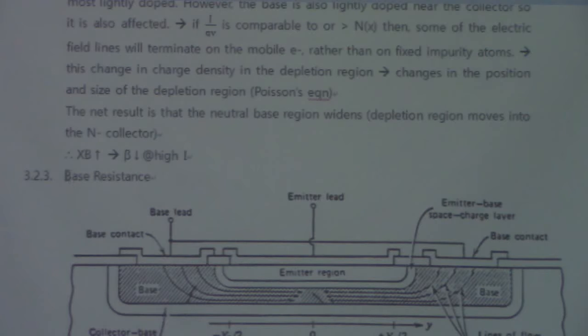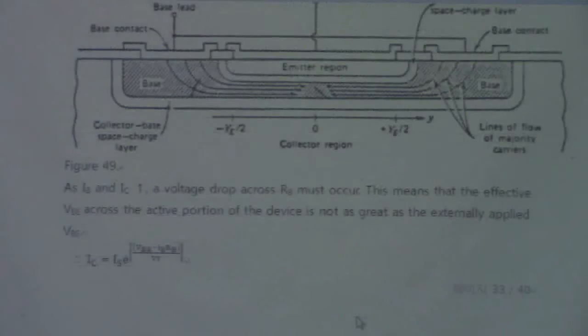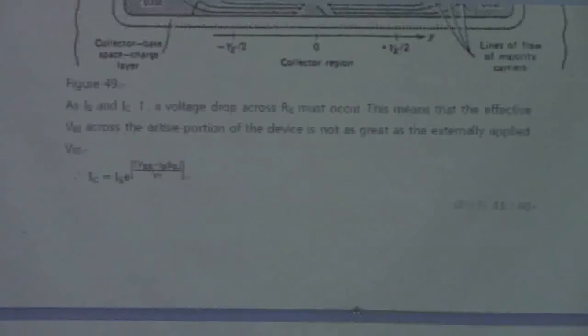Now, the next topic is the base current, and the base current is just an ohmic drop. It works as an ohmic drop, so the actual voltage between the base and emitter has to be diminished by the amount of this IR drop.